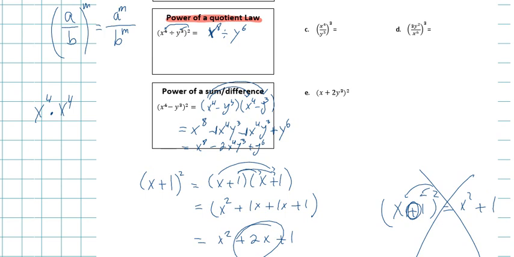Okay? So it's very important that you know. Why is there a 1? Oh, right here? Yes. Because if there's no number, that's a 1. But then if there's no number in front of the x, when the x's are multiplied, why isn't that a 1?